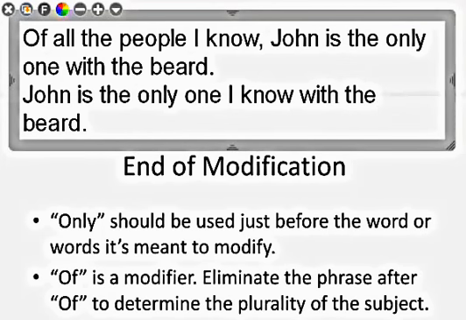The first one is using of. What are we talking about?